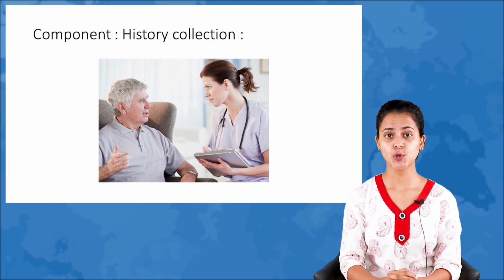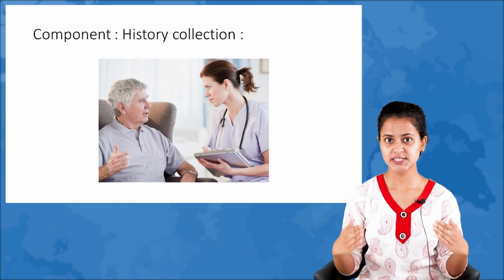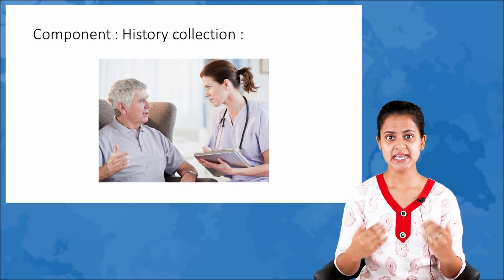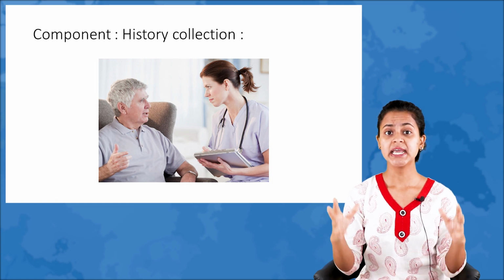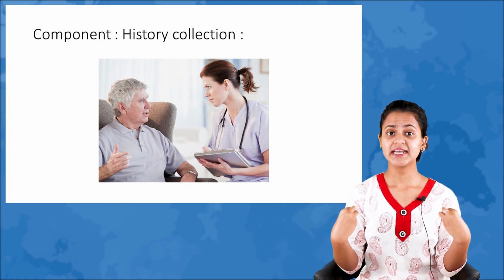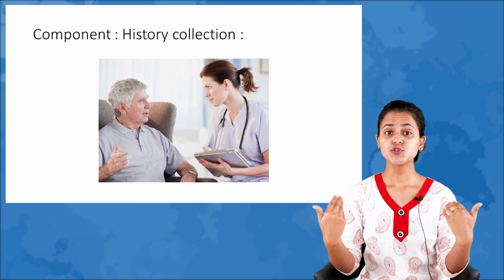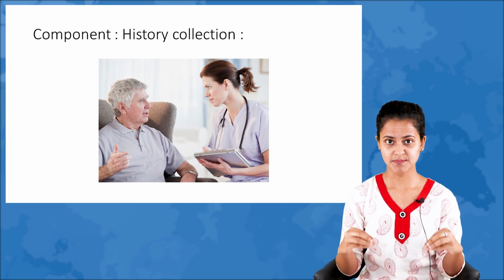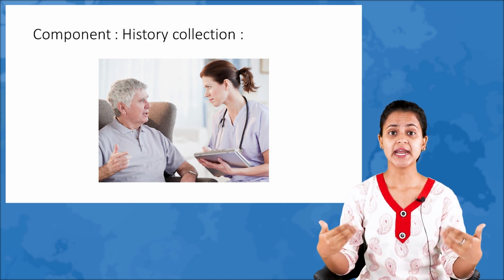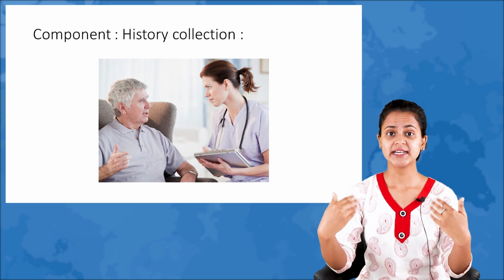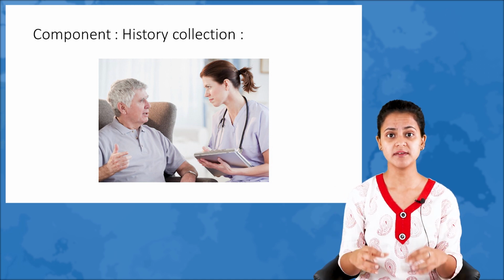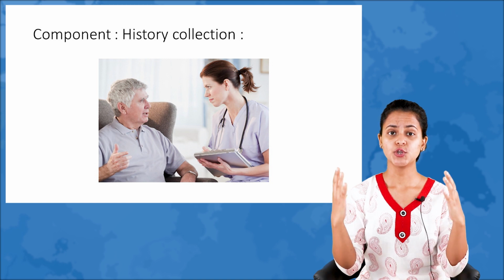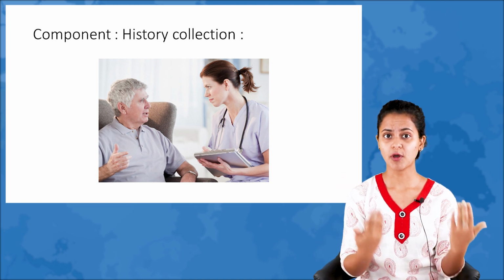The history collection often includes data related to the health status of the client, their present and past medical history, their present and past surgical history, even their lifestyle and daily habits. Psychological and social data should also be collected from the client. Regarding their perception towards the illness, their socio-cultural background, their practices, and their cultural beliefs should also be noted by the nurse from the client.